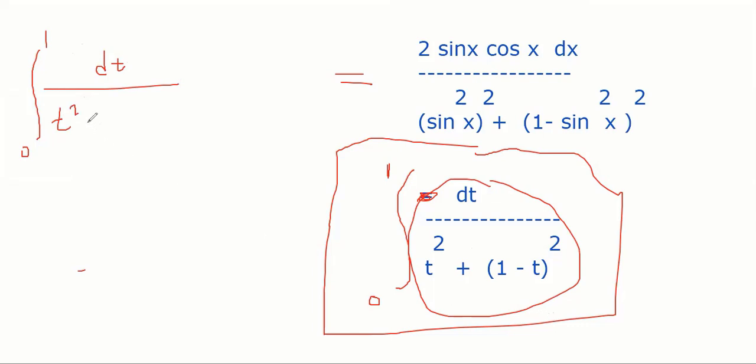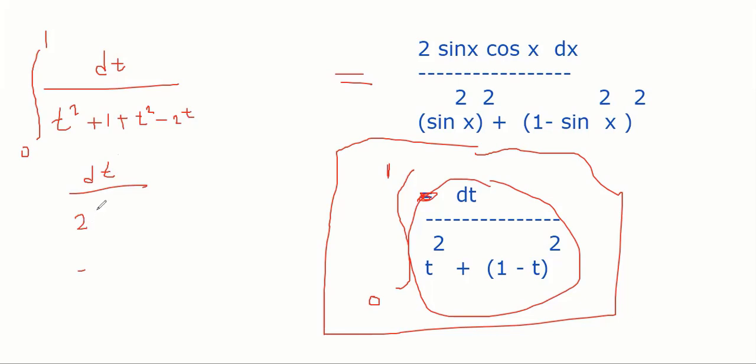Open this: a square plus b square minus 2ab, 2 into 1 into t. We get dt by t square plus 1 plus t square minus 2t.